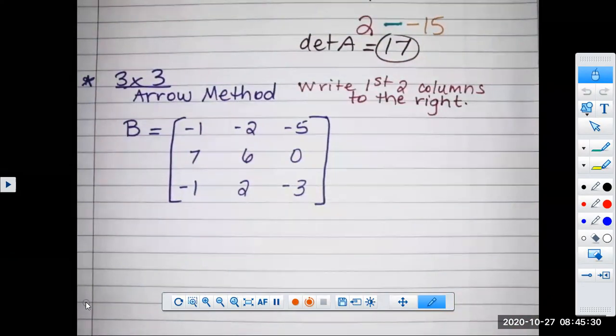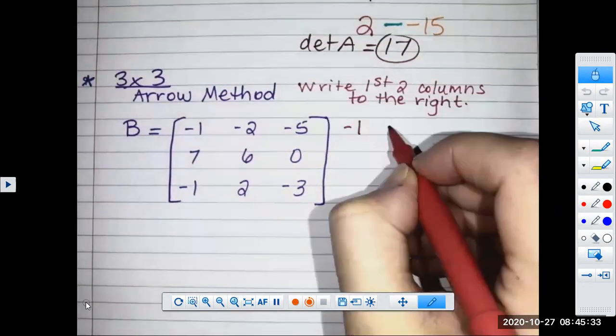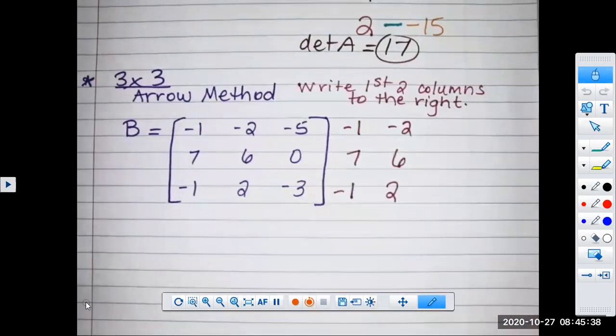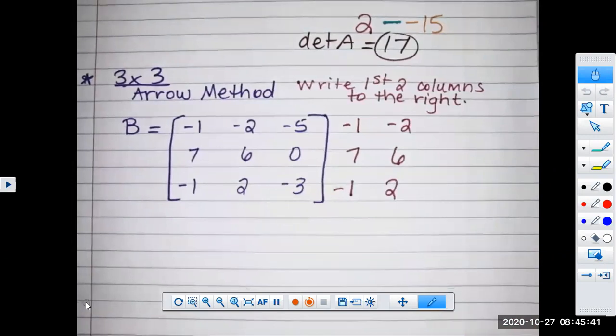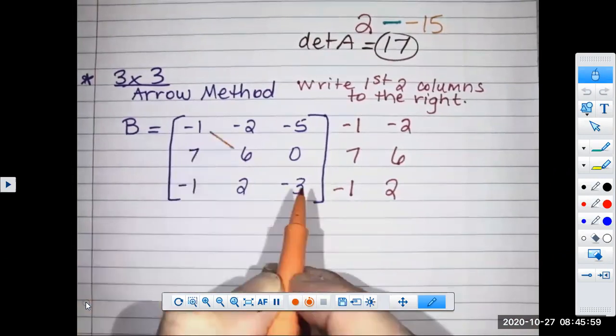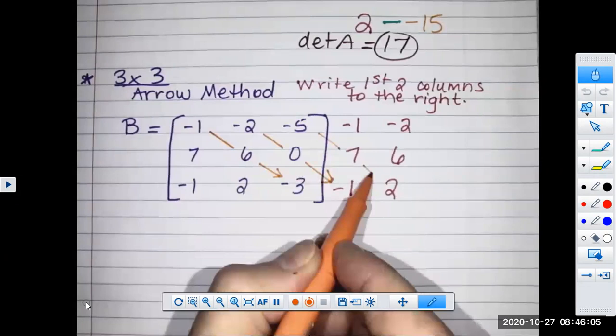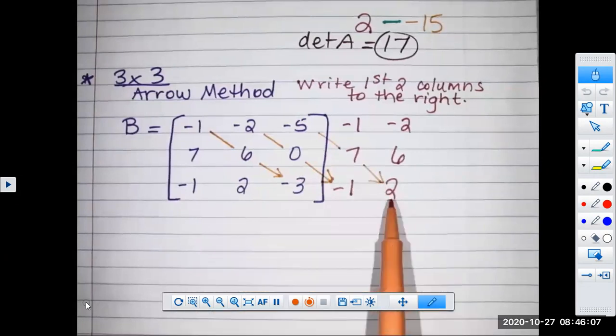Write the first two column numbers out to the right. Okay, in a similar manner to a 2 by 2, you start at the top left and you multiply diagonally all the way through 3 times till you reach that bottom right number.